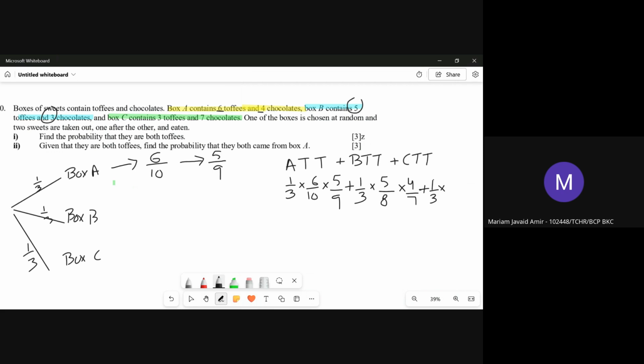It has 3 toffees out of 10 candies, so 3 over 10. If this one is eaten, we have 2 out of 9 toffees left, so into 2 over 9. Multiply and add in the calculator, and you'll get 53 over 210 as your answer for part 1.